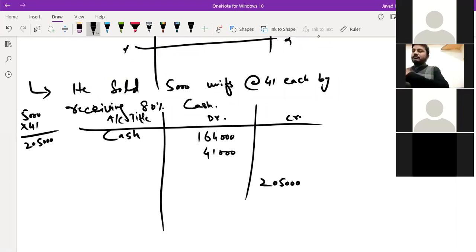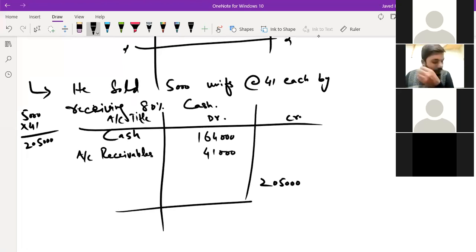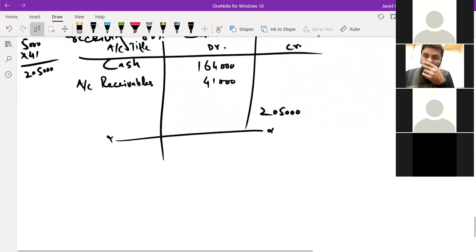So now this balance is accounts receivable. This concludes this transaction.